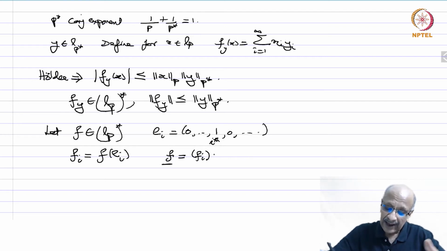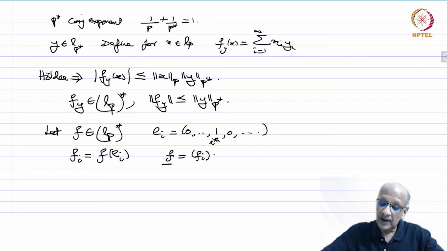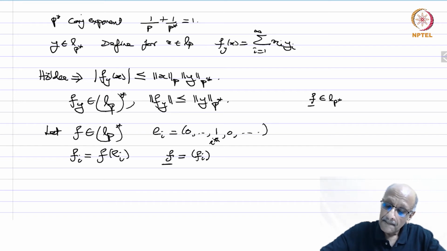So I have a candidate for an element in lp star. The questions I am going to ask are: does f bar belong to lp star, and can we say f of x is equal to sigma i equals 1 to infinity xi fi for all x in lp?